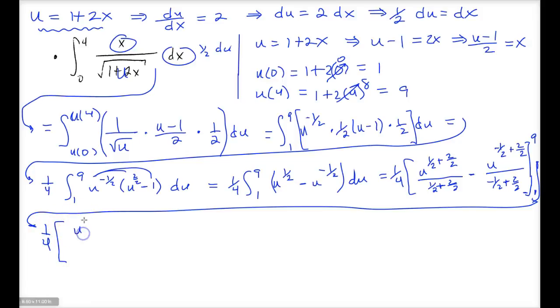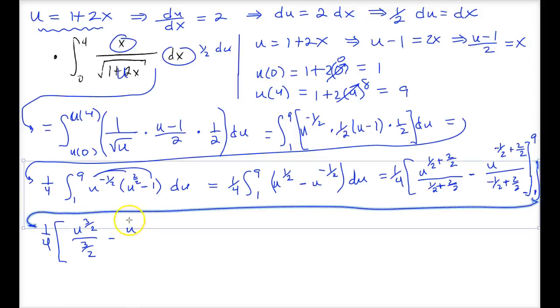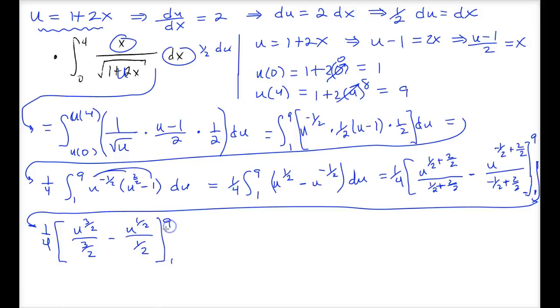So here we have u raised to the 3 over 2, over 3 over 2, minus u raised to the positive 1/2, all that divided by 1/2, and then of course that's being evaluated from 1 to 9.